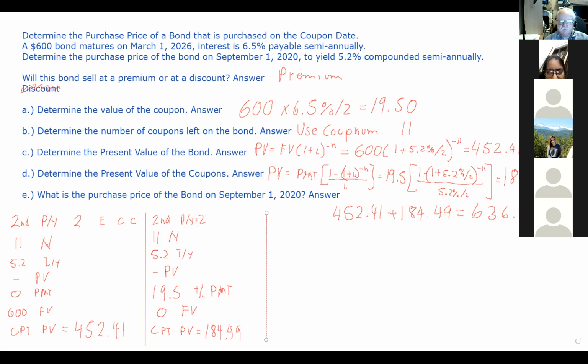So let's try it. Let's go second, PY 2 again, 11 into N, 5.2 into interest.